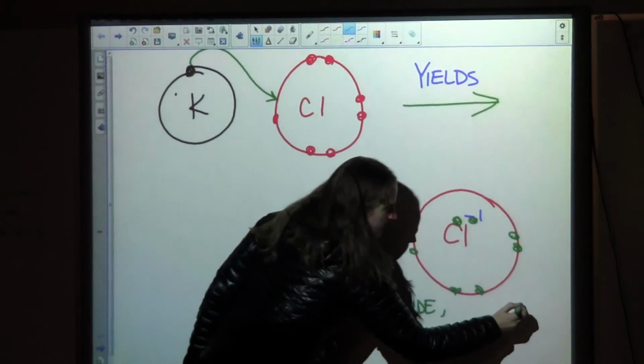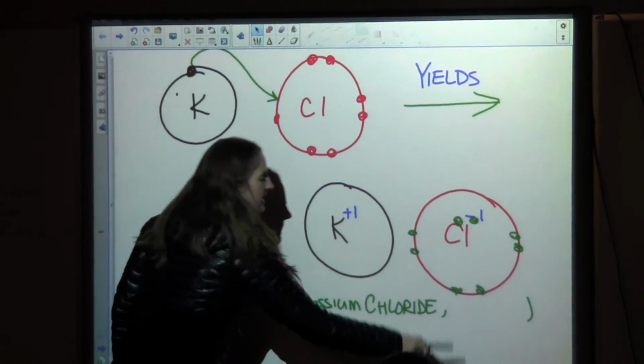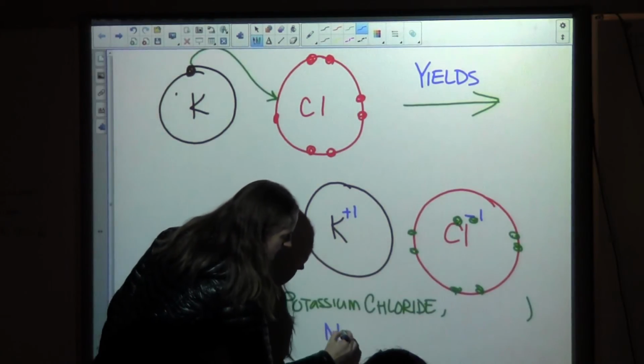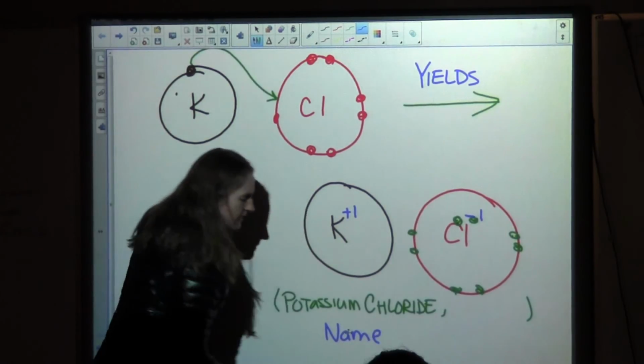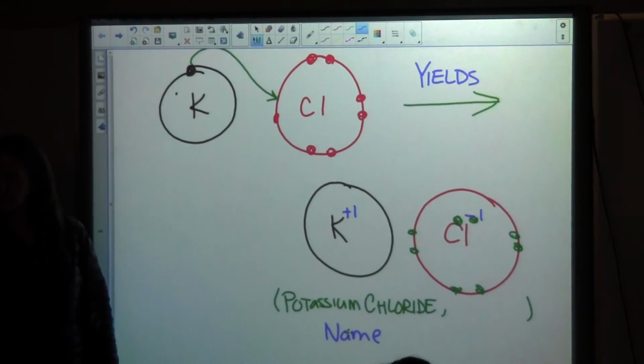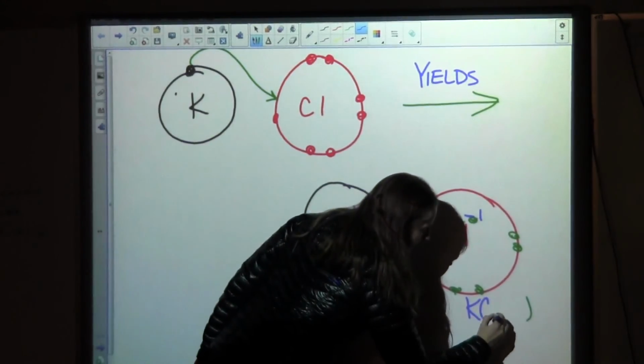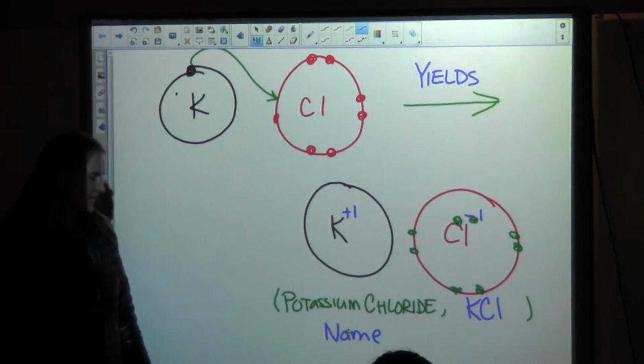And then there's a comma on the end of the parentheses. The second part is where you want to write the formula. What does our formula look like? Just KCl, no space, capital K, capital C, and the lowercase l.